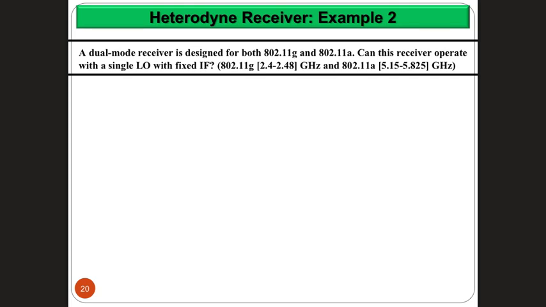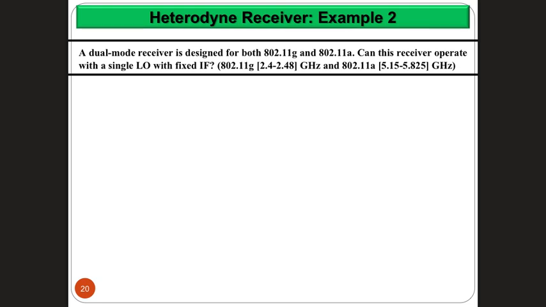And the designer wants to use a single local oscillator so that those two bands can be demodulated to an IF using the same local oscillator. The idea is it has to be placed somewhere in between both of them.